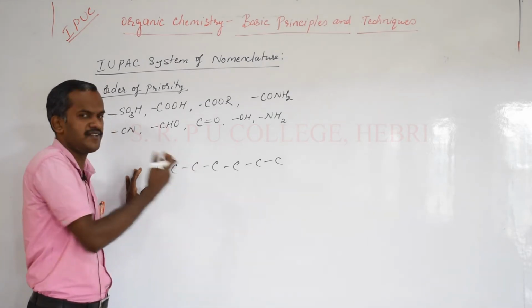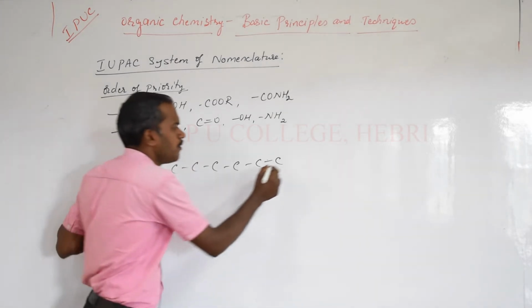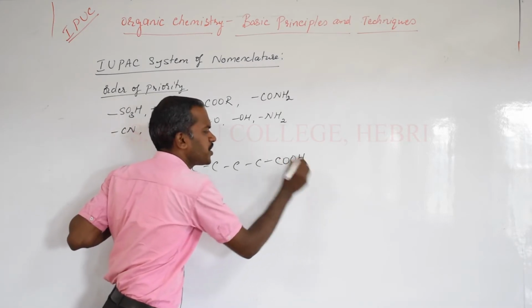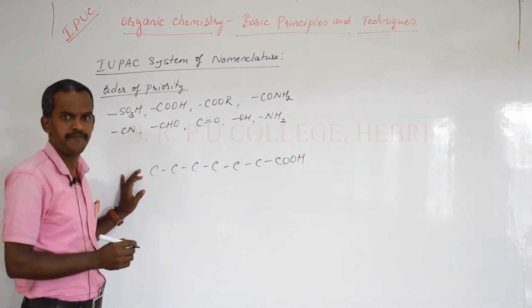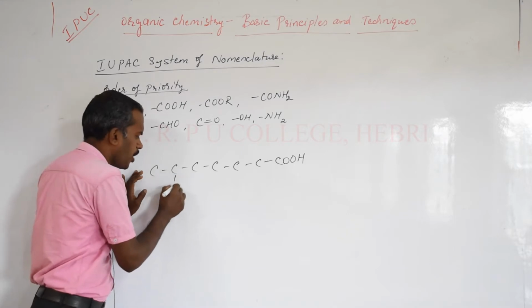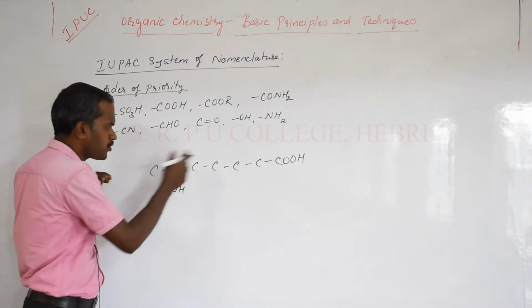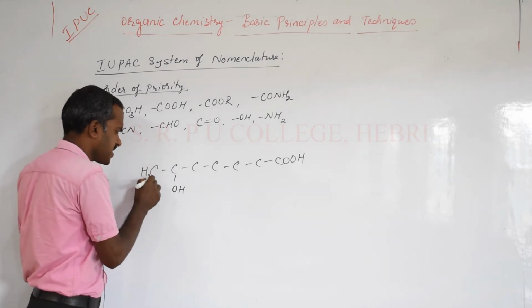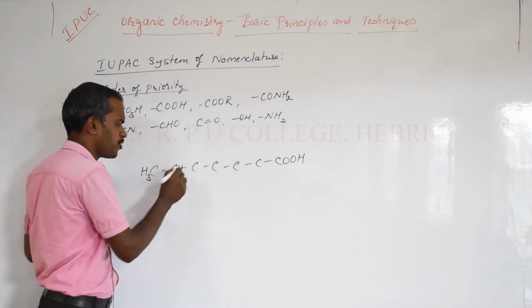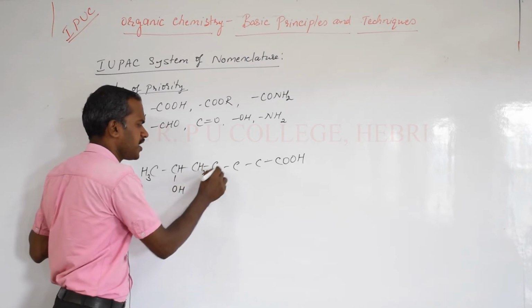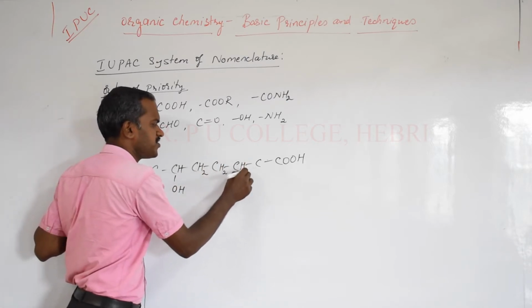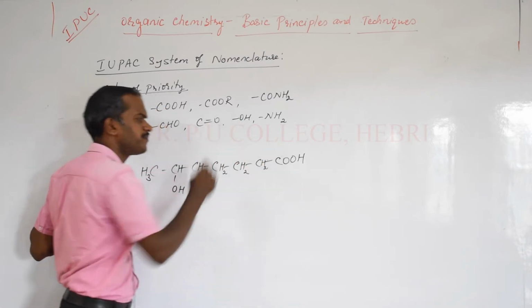I fill the valences of the carbon atoms. Say for example I'll write COOH here at one end of the carbon chain, and let me write an OH group on the other end. To fill the remaining valences I'll write CH3 here, 3 bonds are present, so 1 more is H. For the rest, 2 hydrogen atoms are present, CH2, CH2 like this.